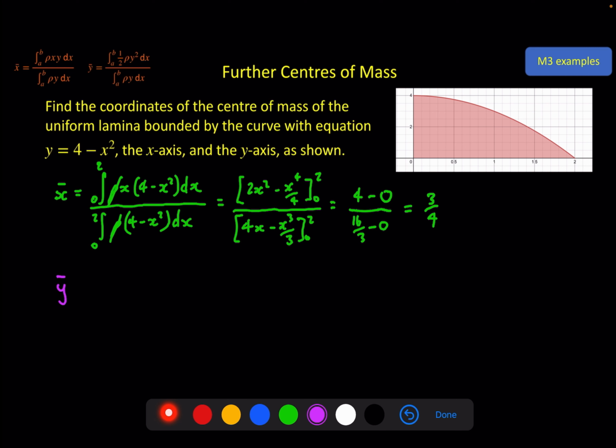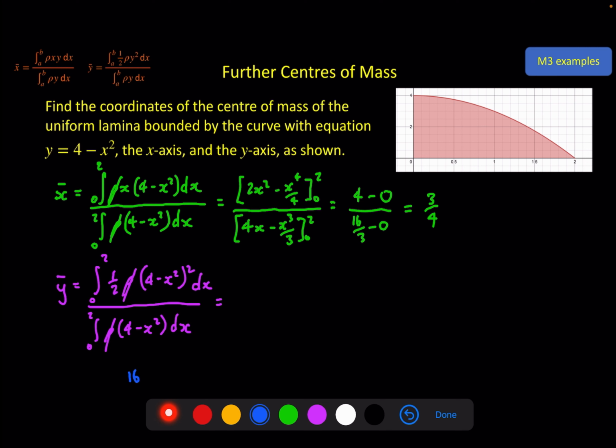The y-coordinate, half rho (4 minus x squared) squared, 0 to 2, rho (4 minus x squared) dx. Again, the rhos cancel out. We're just repeating ourselves in the denominator, but for the numerator, if I quickly expand this on the side, we've got 16 minus 8x squared plus x to the 4, and all of that is times by half.